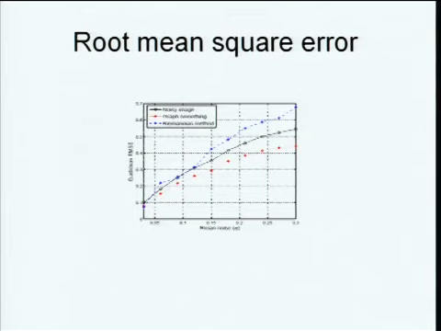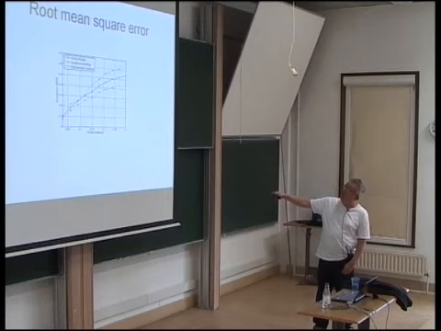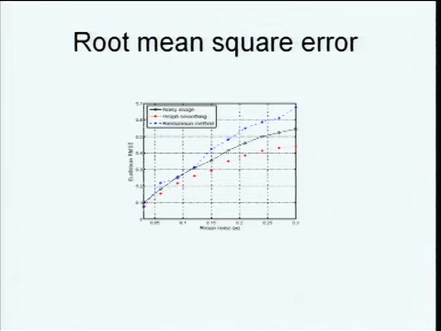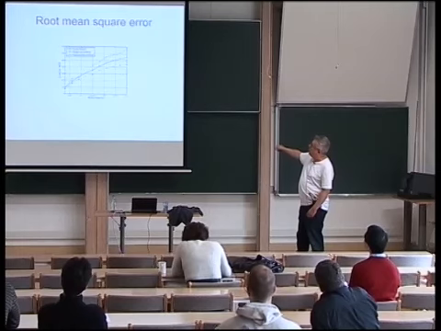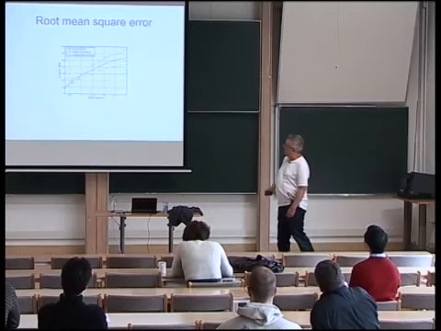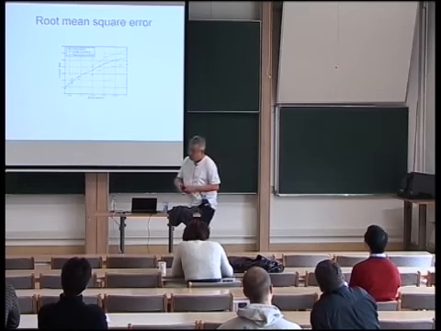So here the black curve is the initial RMS error, the red curve is the graph smoothing technique, and then the blue curve are the results that we get with Pennec's Riemannian smoothing. And the observation here is that we seem to do well in terms of reducing the RMS error.